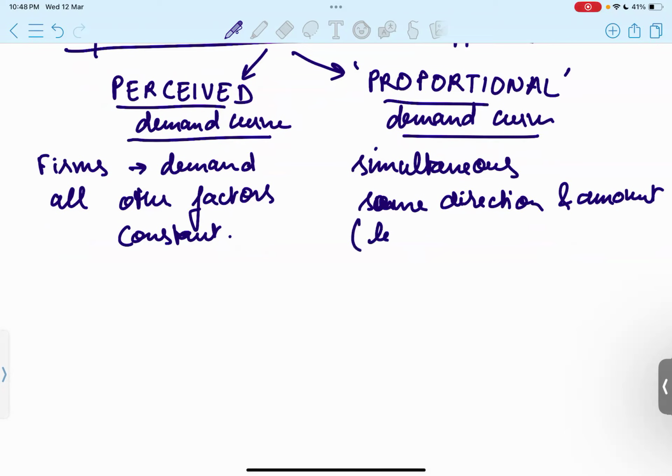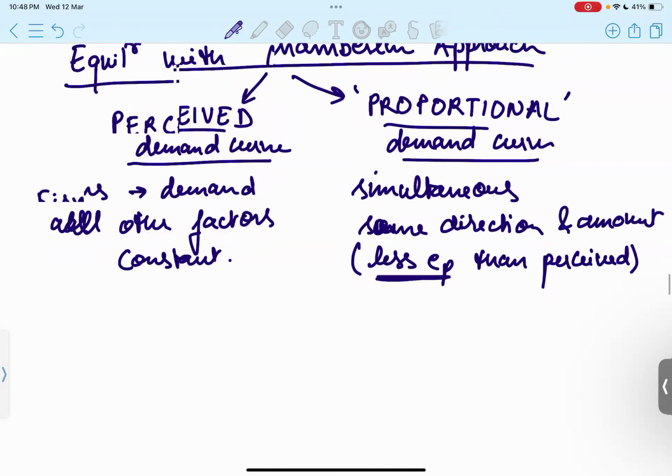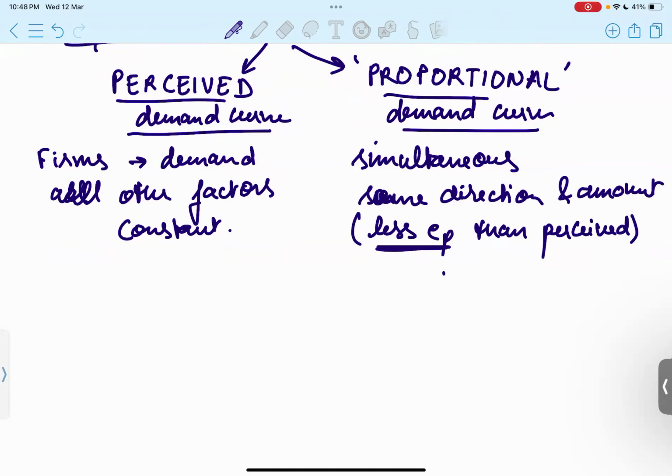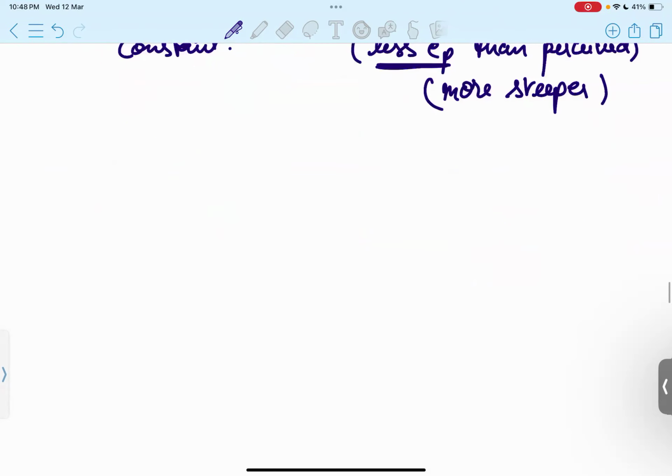So we say the price elasticity here is less than the perceived one, because it is proportional changes, so the elasticity is not going to vary much. It would be more inelastic in nature. If it is more inelastic, it would be steeper when we draw it on the graph compared to the perceived demand curve. So this needs to be kept in mind when we are drawing the graph.